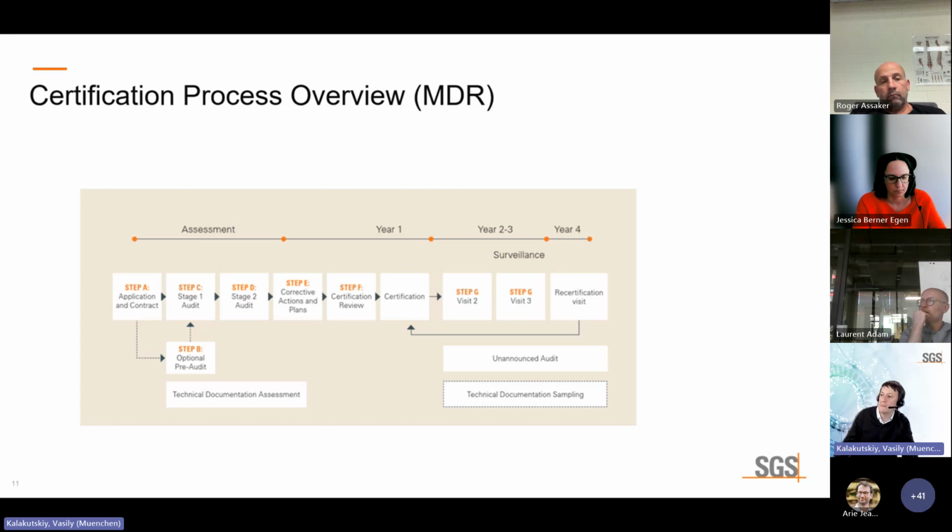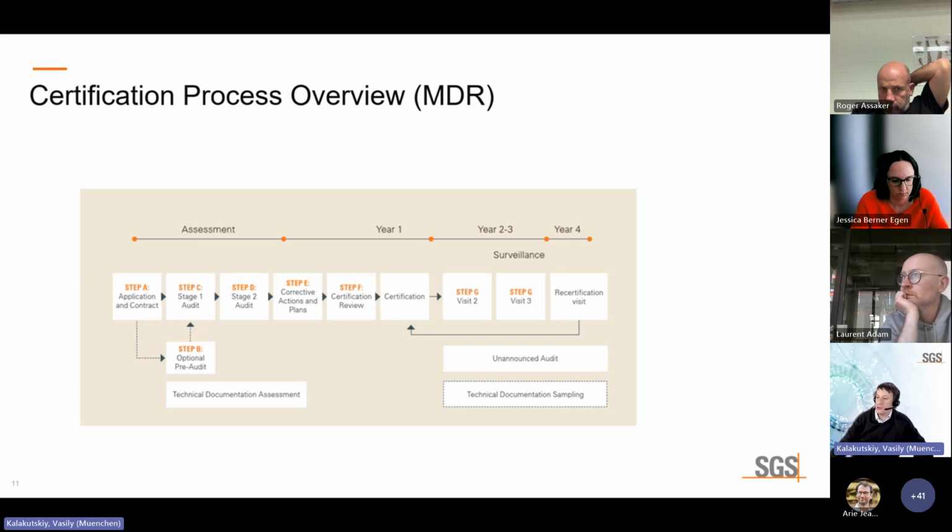This will be year 1, then years 2 and 3, which is just the surveillance, and year 4 is the recertification. So that's how you can see it on the only slide, I mean.